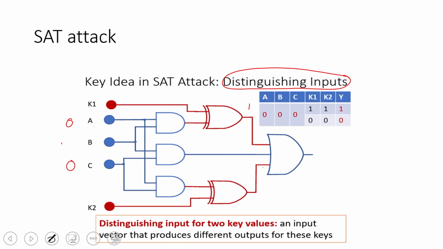It will be (A AND B) XOR K1, let us say this is XOR, or (B AND C), or (A AND C) XOR K2.